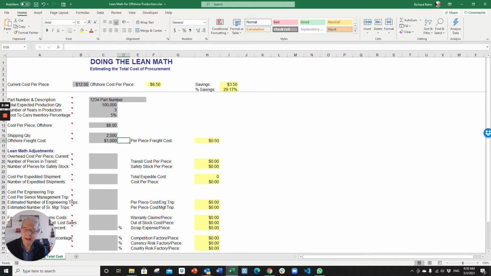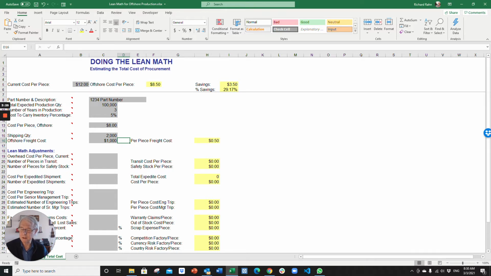Okay, so that adds some cost to our $8. That adds another 50 cents to the cost of each part. So it's still a pretty good deal. And that shows, in the running total up here, an offshore cost of $8.50, or a savings of $3.50.